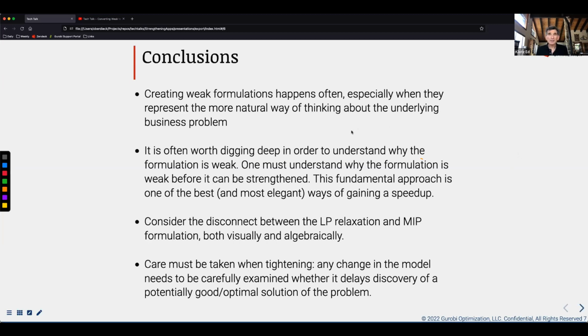And then if that's not enough, the next step, in my experience, is that most models with all binary variables have some fundamental underlying graph structure. For starters, the most well-known one is the so-called conflict graph, which is how Gurobi generates its clique cuts.